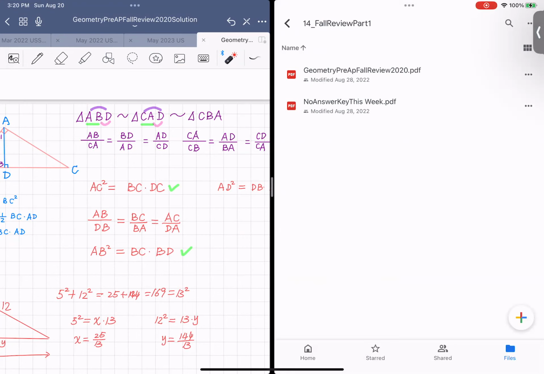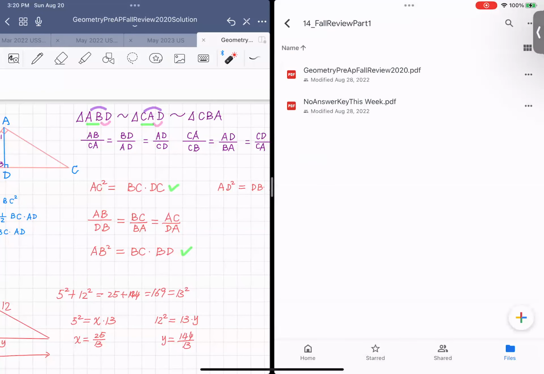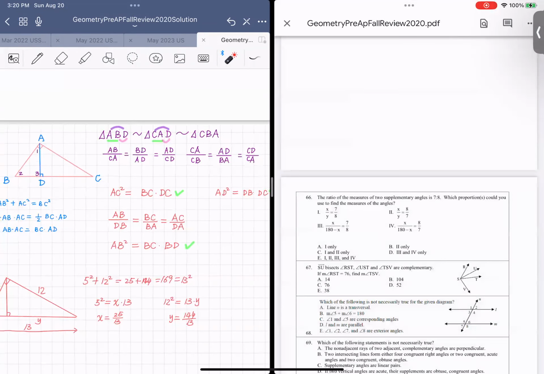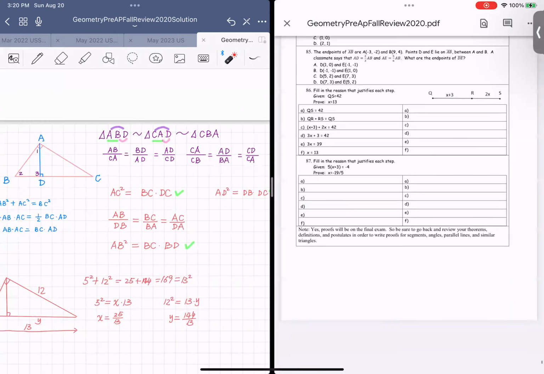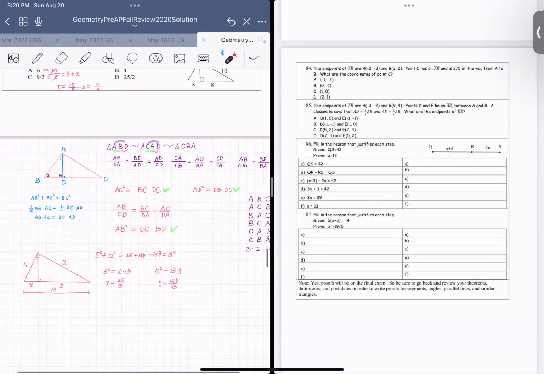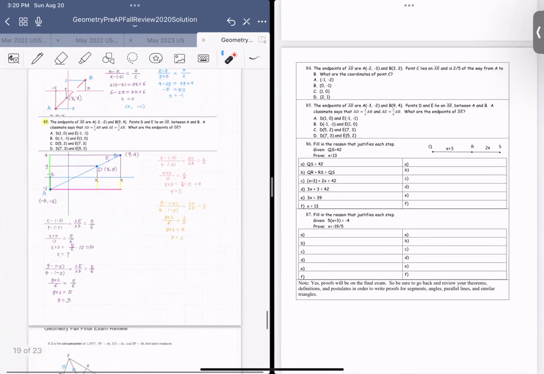And next class, we will talk about all the work. I don't give you the solutions. I want to give you everything next class, but I do upload the video. If you don't know how to solve it, you can look at the video. In that way, you will be able to understand. But I'm going to attach the answer key in case you want to check if your work is correct.